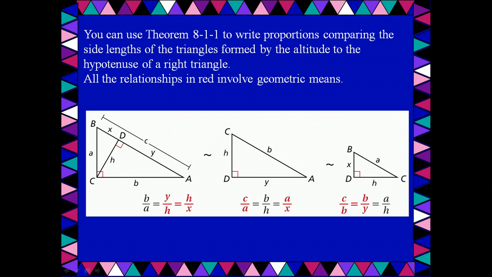We have also a triangle where we have dropped the altitude CD, so we have ACD. We also have CBD.